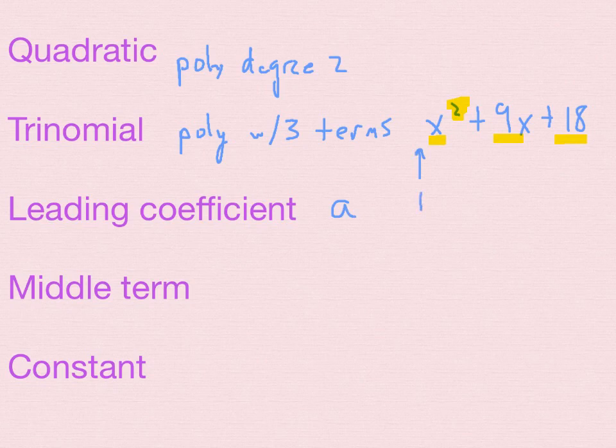The coefficient of the middle term we're going to call b. In this problem, our b value is 9. And our constant term, which remember is the term with no variable, we're going to refer to as c. So here, 18 is our c value.